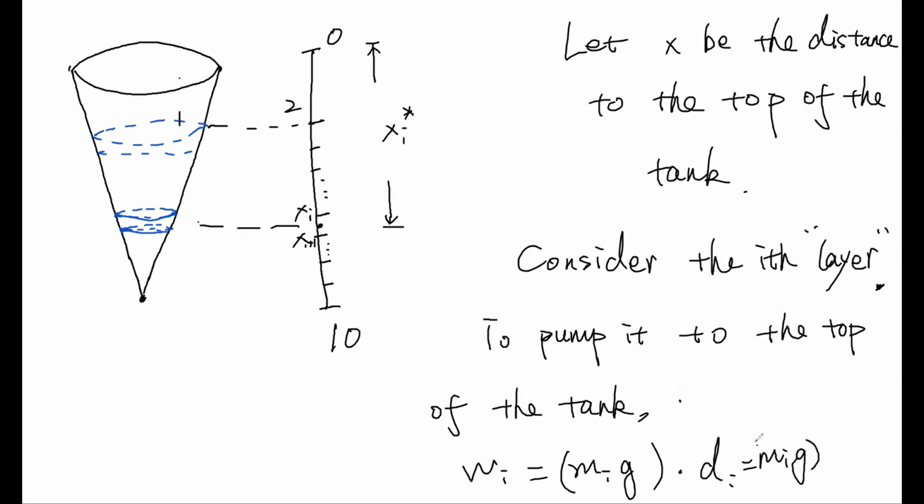Now the problem is, how can we find the mass of this layer? g is just the gravitational constant.